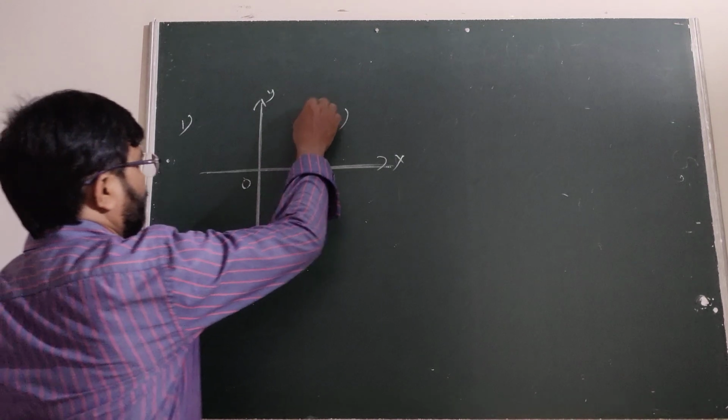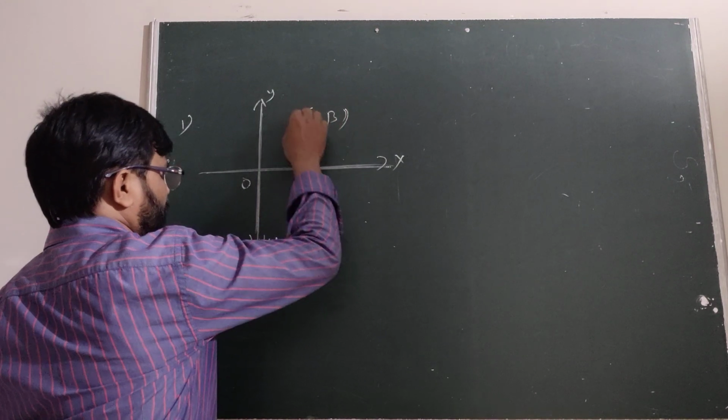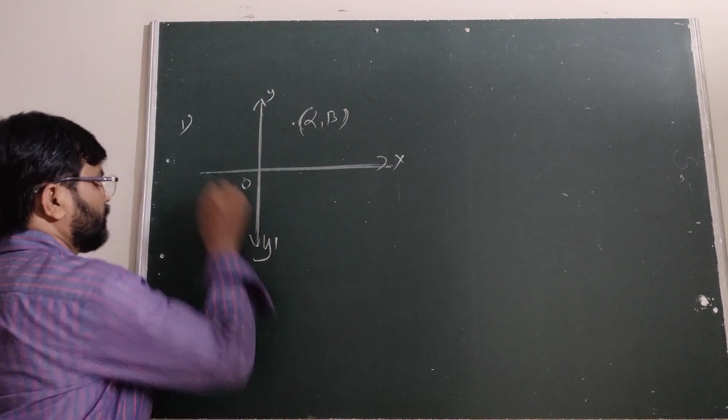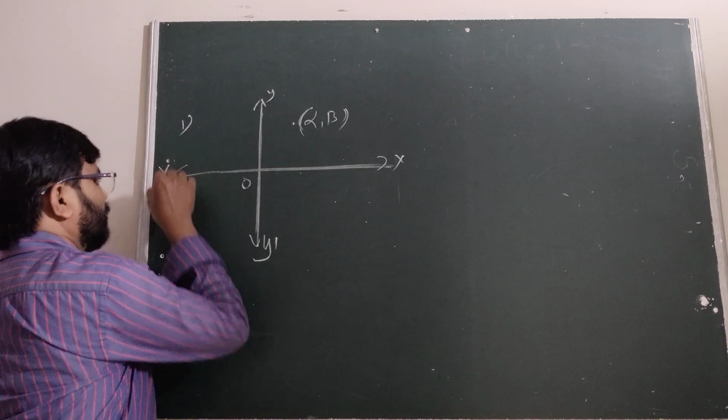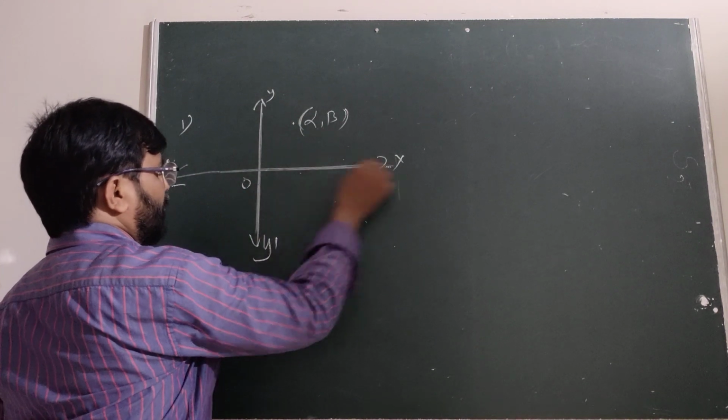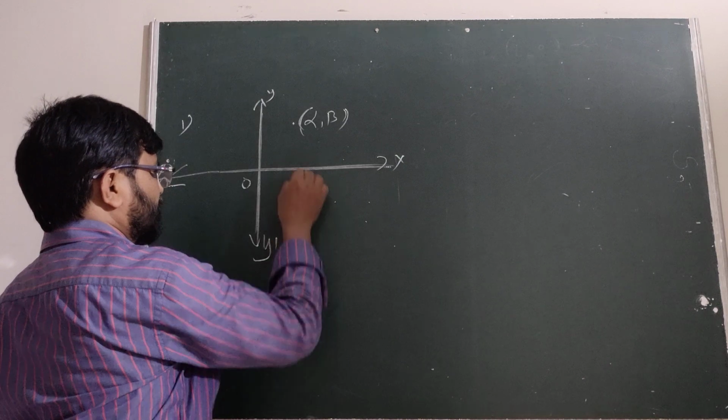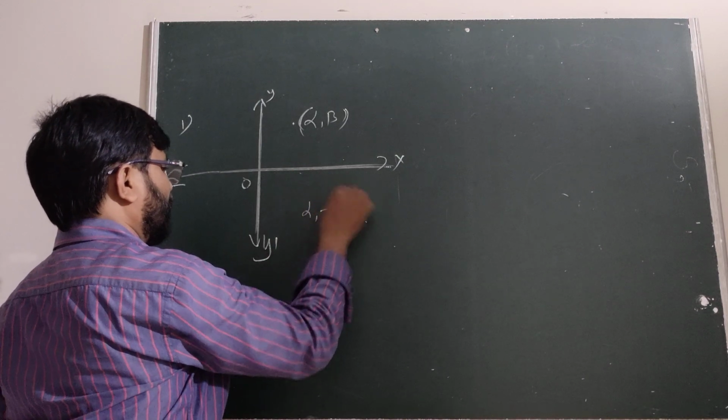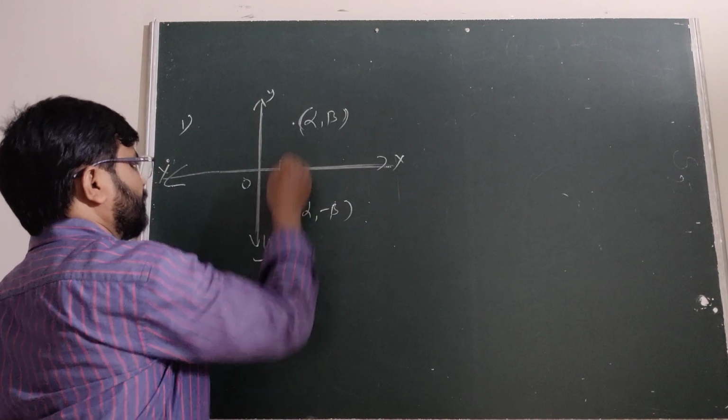Let alpha beta be a point in the first quadrant. The image of alpha beta with respect to the x-axis is alpha comma minus beta. Is it clear?